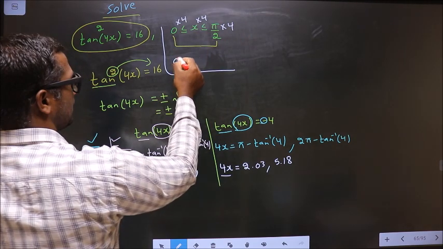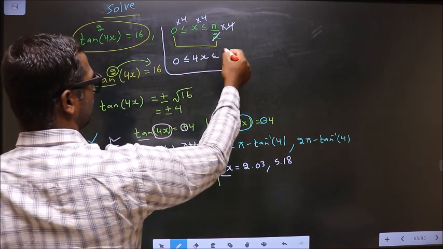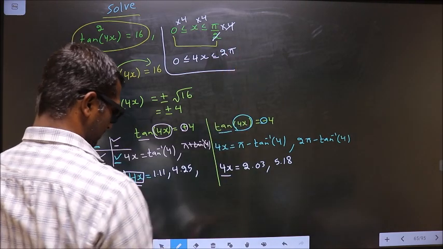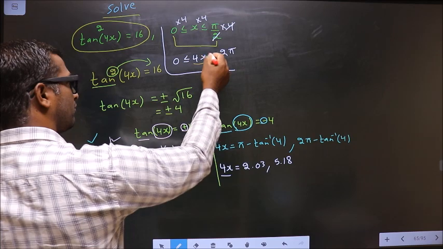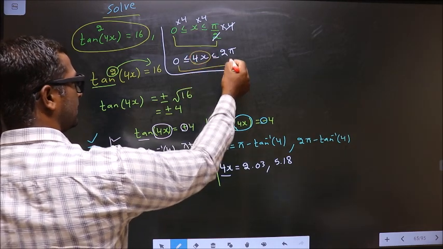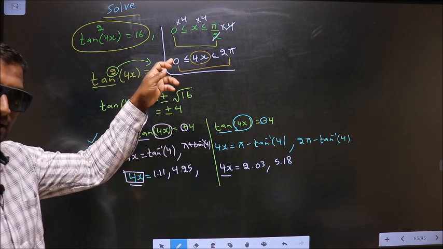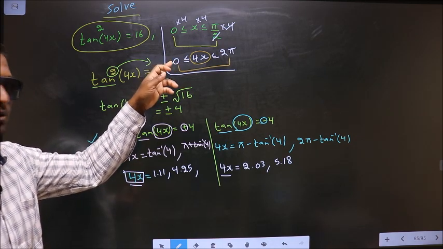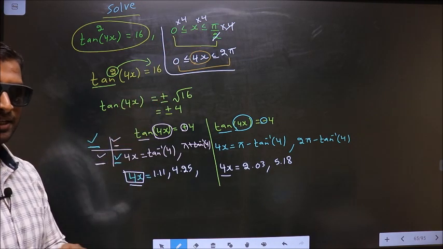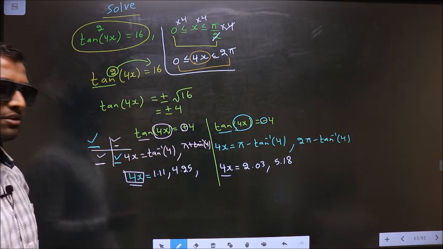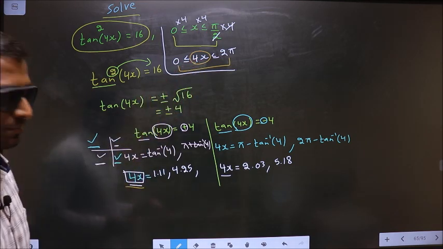So we get 0 less than or equal to 4x less than or equal to 2 pi. So the values of 4x should lie in this interval. When this happens, then automatically the values for x will lie in the given interval. Am I clear? Now we should write all the values for 4x in this interval.